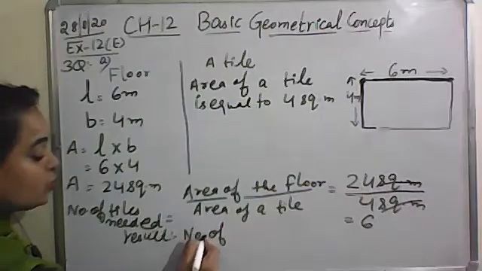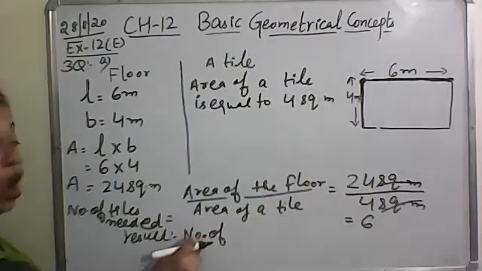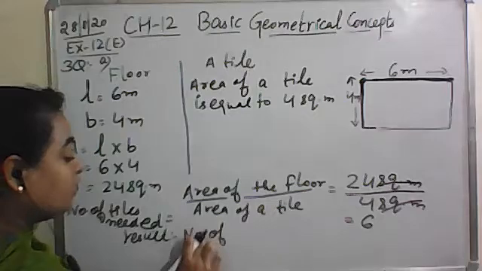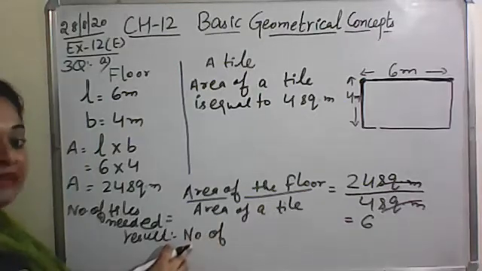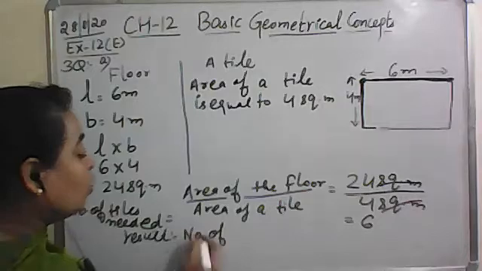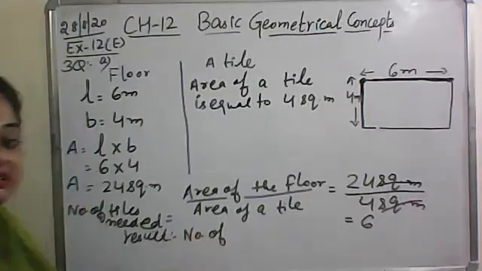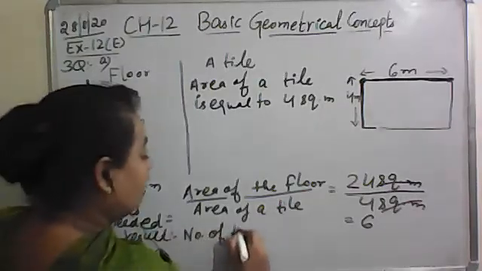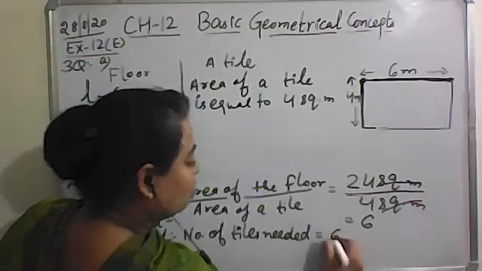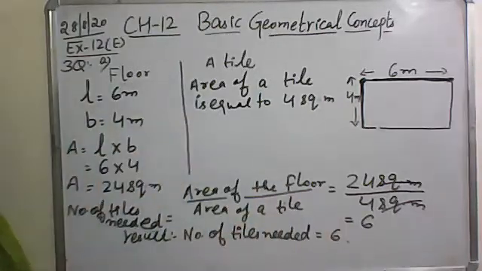Whenever you write the short form of number, the dot is compulsory. If you do not put this dot, it changes to the word no, which is incorrect. So number of tiles needed is equal to 6. This is your final result.